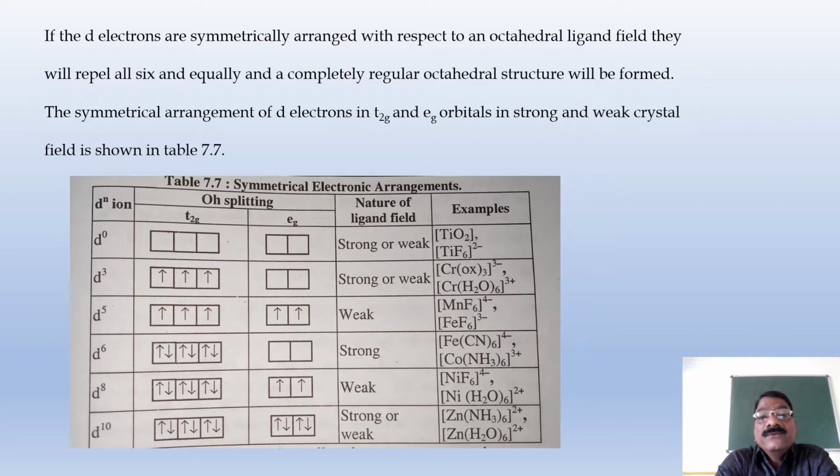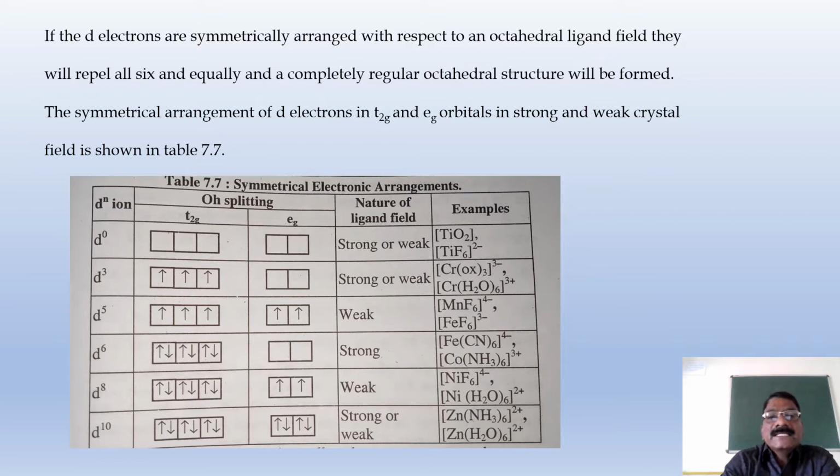For that we have examples of regular octahedral complexes for the d0 system, d3 system, d5 system, d6 system in strong field, d8 system and d10 system. Thus, with these configurations we have symmetry and regular octahedral complexes.